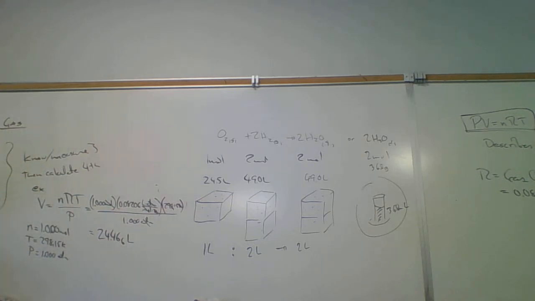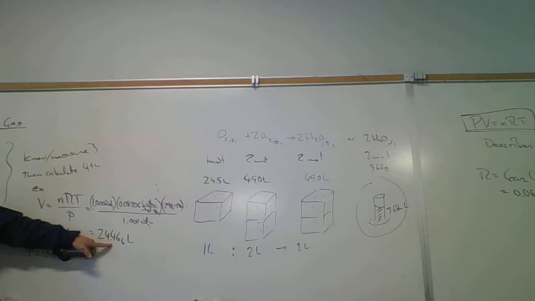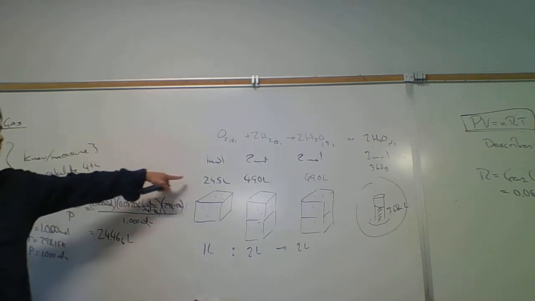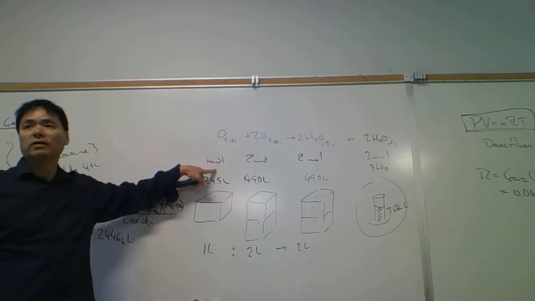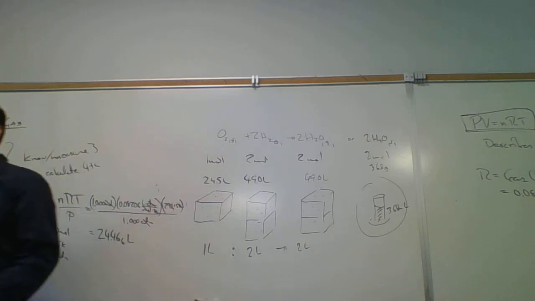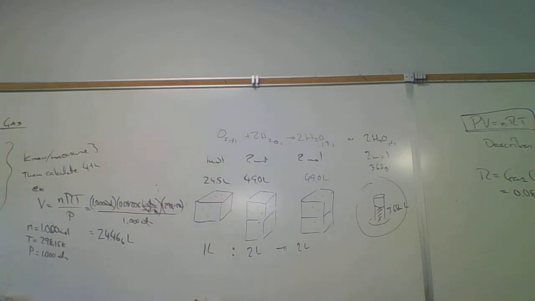And so, in other words, 1 mole of gas at room temperature and room pressure occupies a volume of 24.466 liters. To 3 sig figs, this would be 24.5 liters. And so this is where I got this number from, 24.5 liters for 1 mole of gas. That's how much space it occupies. And so this is a standard type of problem where we can do this kind of thing.